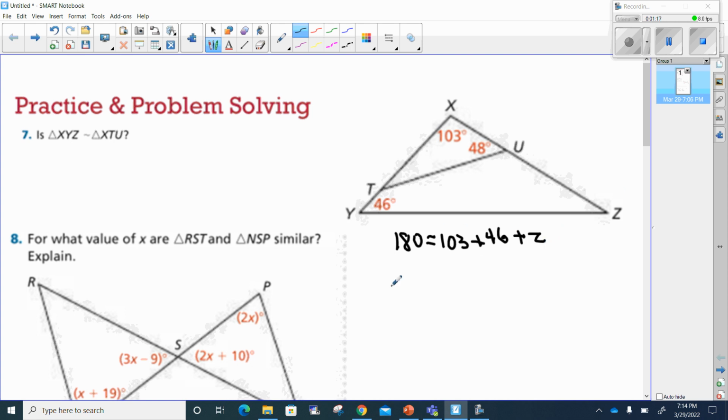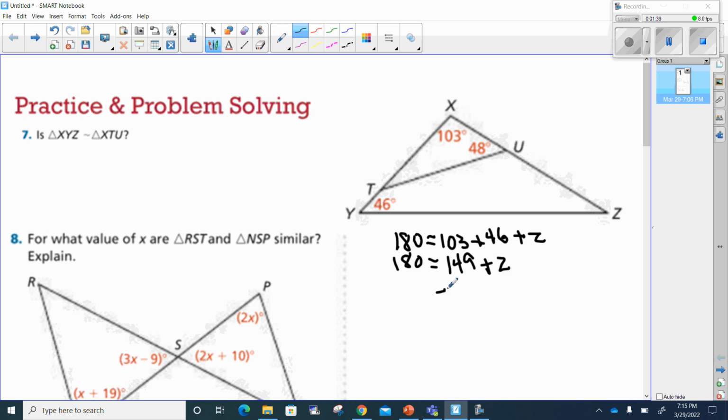We combine like terms, and that shows us that 180 has to be equal to 103 plus 46. That's going to be 149 plus z.